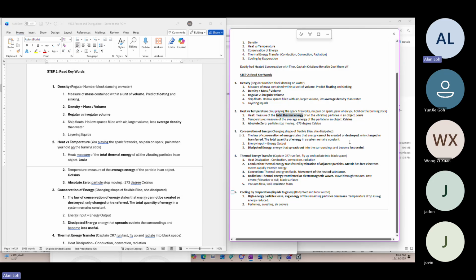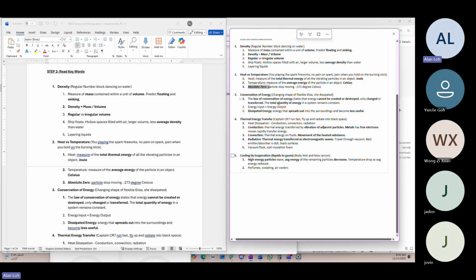Both are at 50 degrees Celsius, but totally having 2 different thermal energy. So the total thermal energy is for the heat. Temperature is for the average energy of the particles in an object. Then there is something called absolute zero. You'll know about this later.